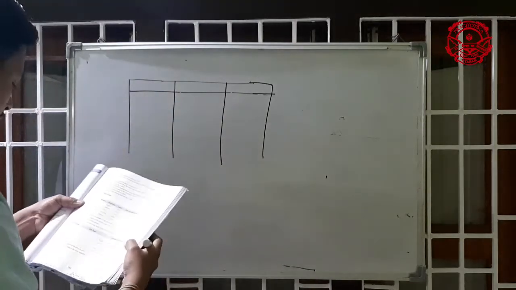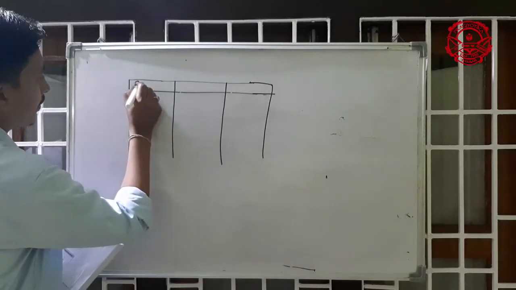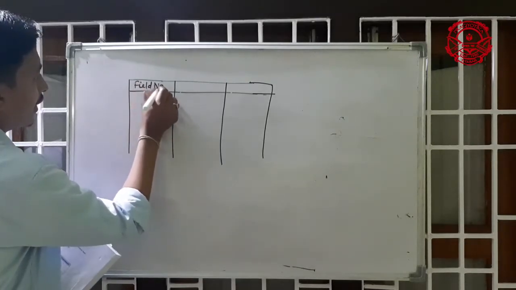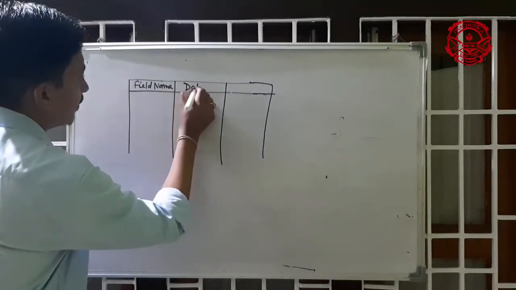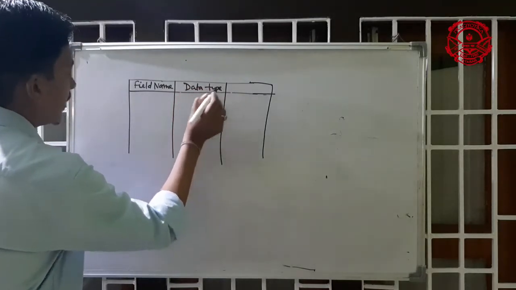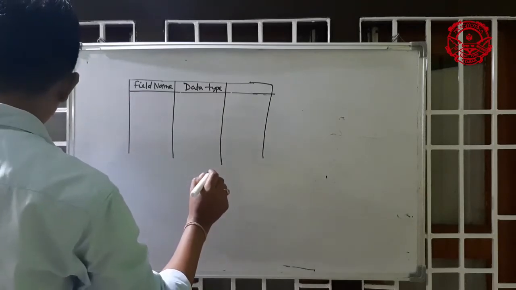Okay, this is a table. First, the field name. Next one is data type. And last one is expected data.